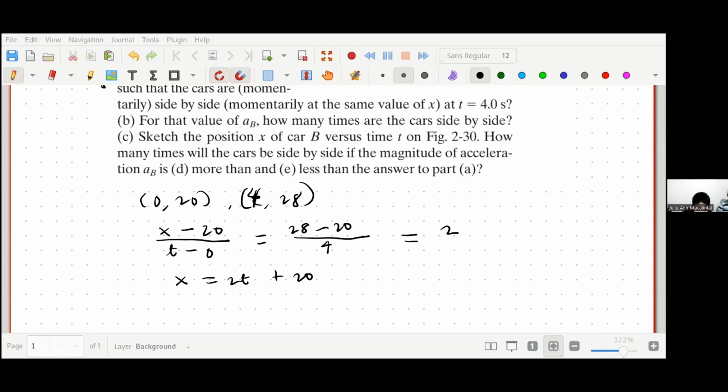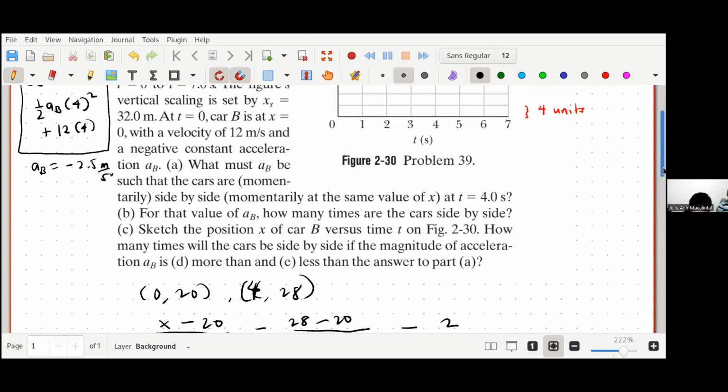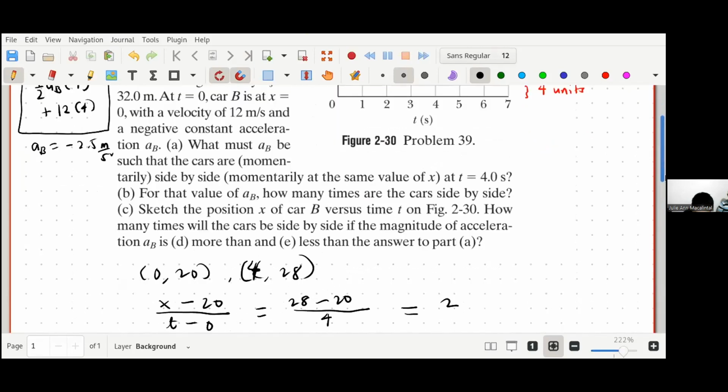So, yung equation to, this is for car A. Yung car B, nahanap na rin natin na X equals 1/2 negative 2.5 T squared plus ano yung initial velocity? Car B, 12 meters per second. So, plus 12T. Tapos at 0 position.